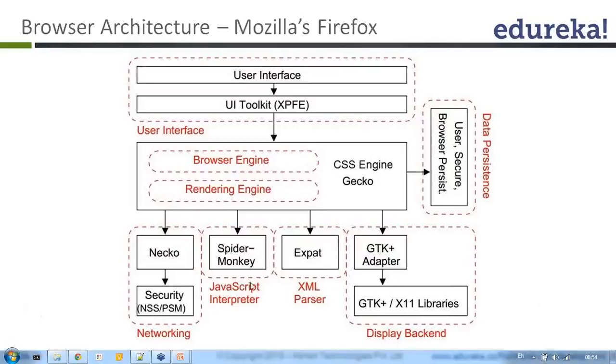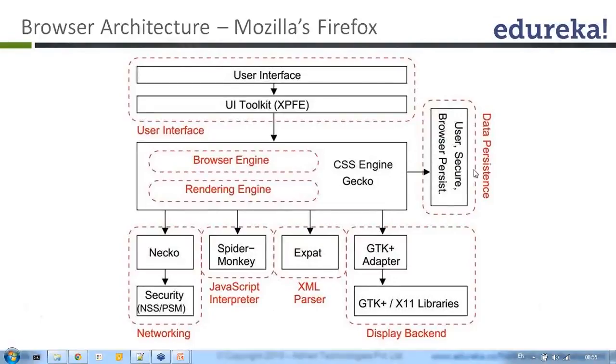The JavaScript interpreter in Mozilla Firefox is called SpiderMonkey. That's the name of the module. So generally, for any browser, these are more or less the components which are there. Data persistence is required. For example, cookies.